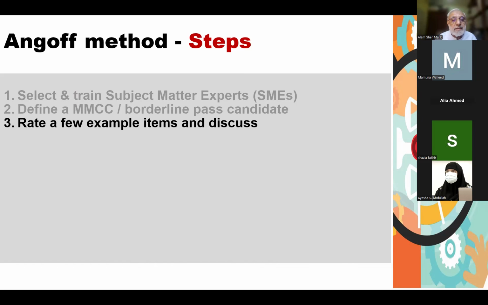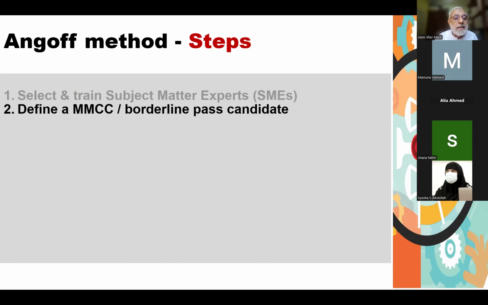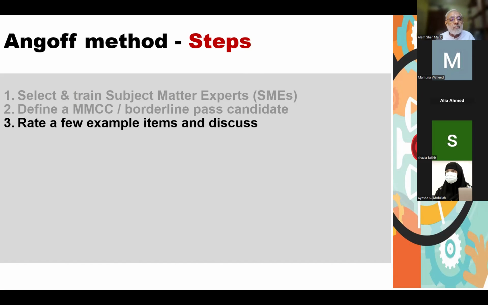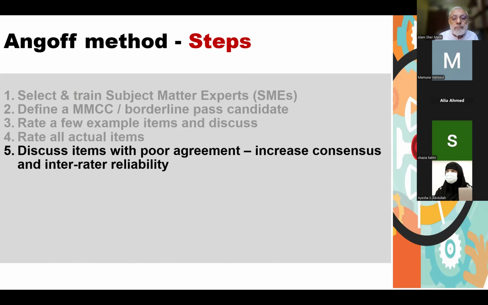So when we have selected the subject matter experts, and then we are training them, what we do in training is give them a few questions and ask them to give their opinion about those items in terms of how they think the minimally competent candidate would perform, rate all actual items, and discuss items with poor agreement.